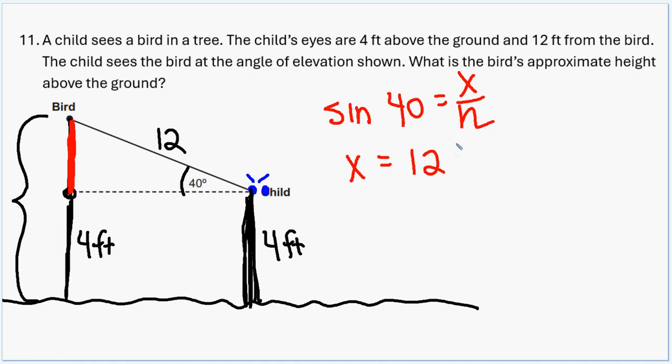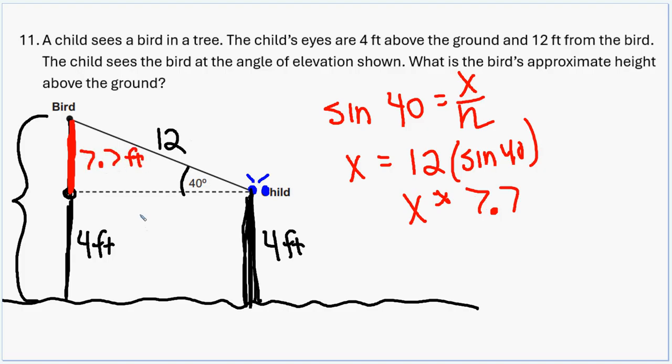Our x is 12 times the sine of 40. My calculator tells me that x is about 7.7. So again, this red piece is 7.7 feet. And below that, we got 4 more feet. So let's add those together and get 11.7 feet above the ground is the height of the bird.